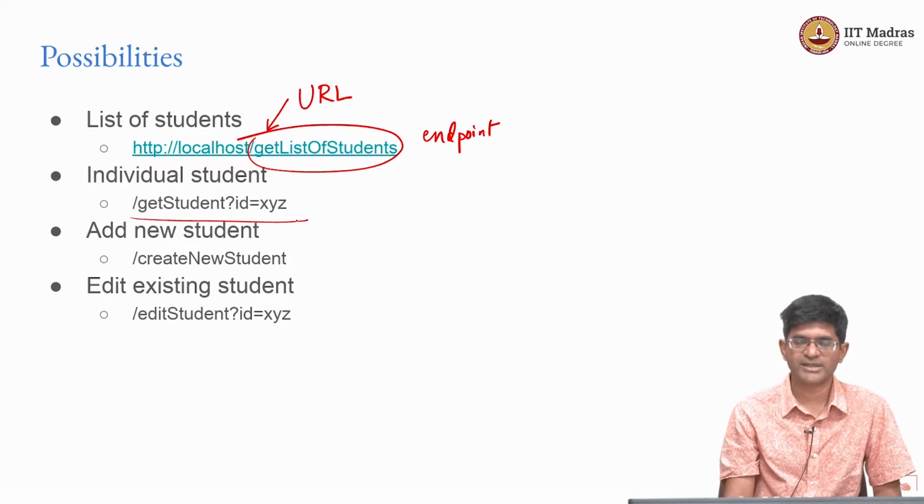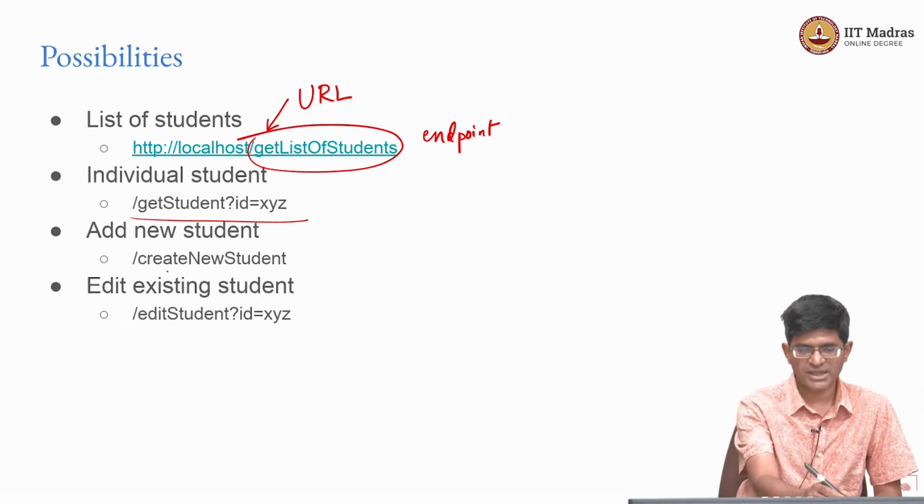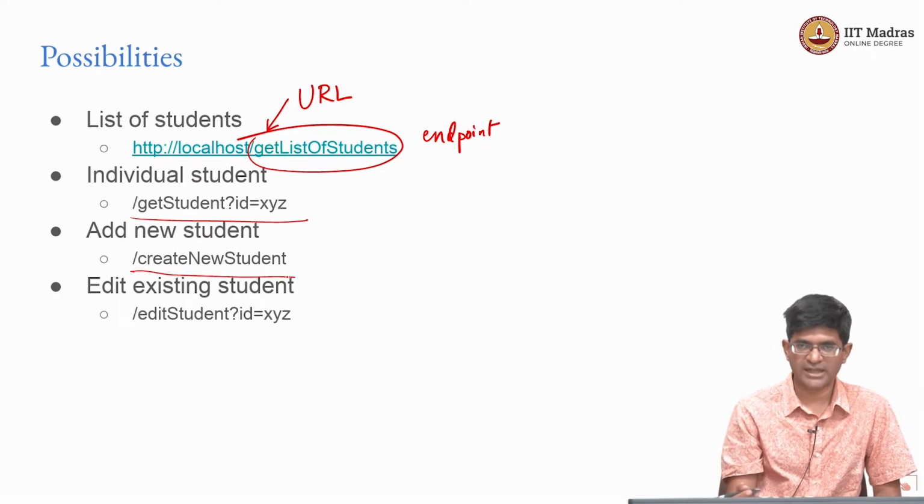I could have used a query based URL also, which means that I can use the exact name of the function that is being called internally and pass in the parameters using the query string. Now what that means is I would probably have another endpoint to create a new student, because most likely there's a function called create new student somewhere inside my Python code.